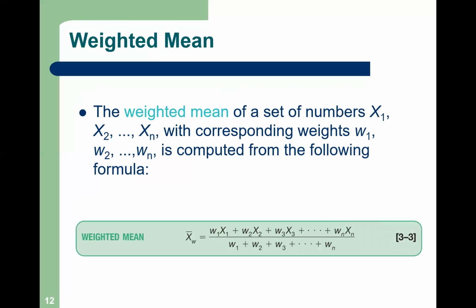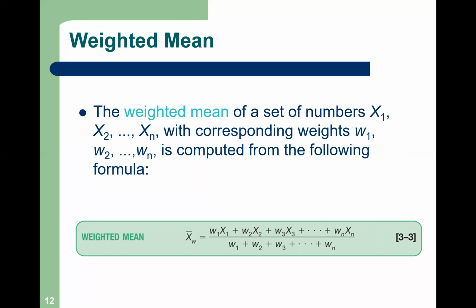Now we move to another important central tendency measure, that is weighted mean. In weighted mean, we use weights of each value, and we measure the mean for that group of data. When a data set has weights, or if it does not have weights, we can calculate the weights for each value. The formula is: W represents the weight and X represents the value.